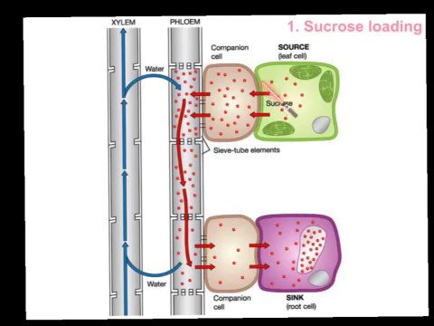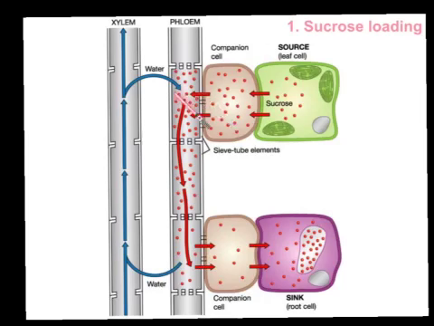This is how a lot of sucrose is sent to the companion cells. Once the sucrose is inside the companion cell, it can just diffuse into the phloem by using the plasmodesmata. It's like a small opening over here.